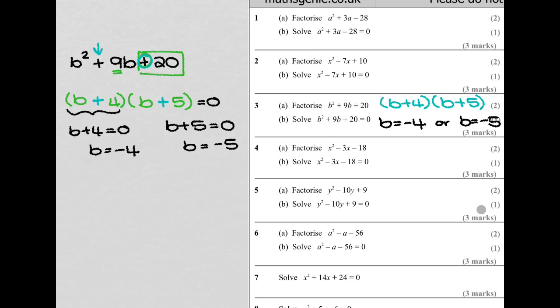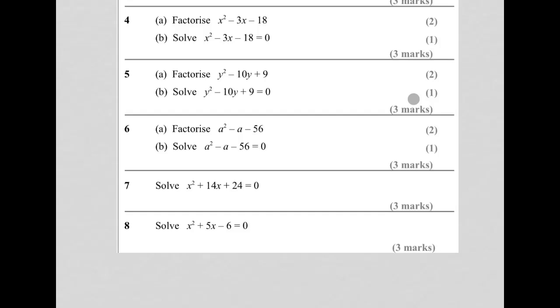Once you've written down all of these notes, I would like you to give the next couple of questions a try. Please note that this worksheet comes from Maths Genie, and I will be answering most of the questions on this particular worksheet by giving you the full mark scheme. These are the questions that I would like you to now do.